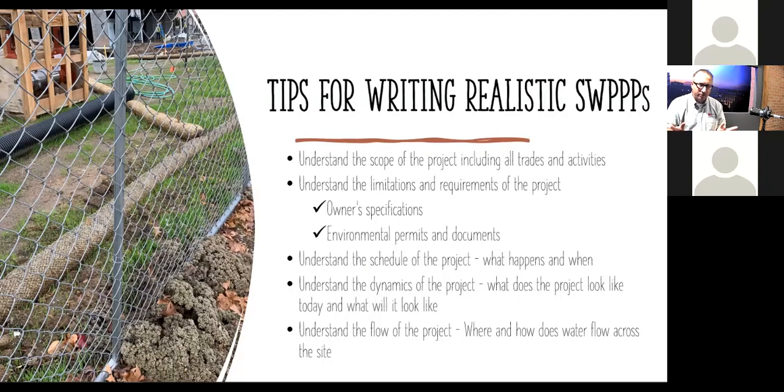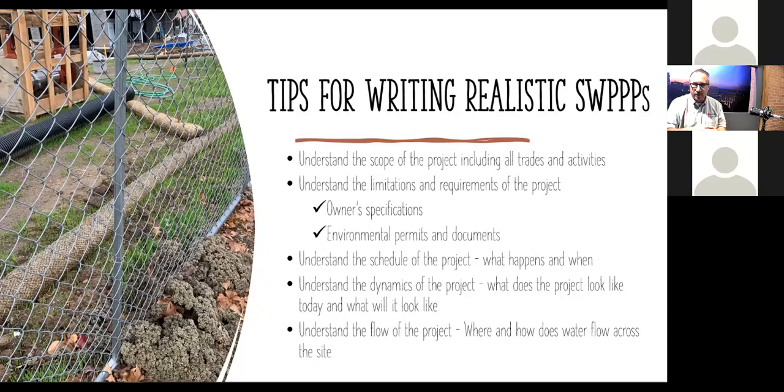Nothing irritates a contractor more than to specify a BMP that is not on the bid list, that's not a bid item, especially for projects that have a real tight control over what you can and can't use. So you want to look at that. Now, not every project's that way, but some are. So you want to look at that.